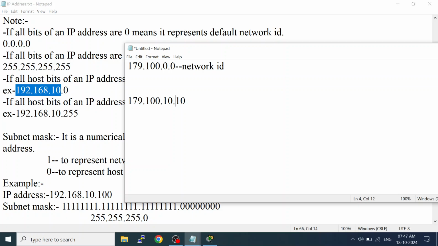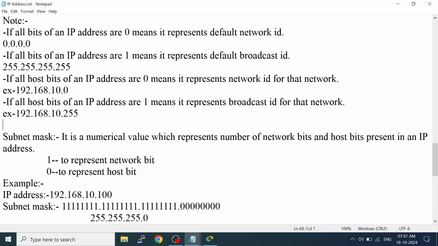For example, if I write here 1.1, it doesn't mean that all host bits are 1. When you convert it into binary, it will be 00001. Understood? So 1 means this one, we are referring to this one. So if all host bits are 1, it represents the broadcast ID for that network only.